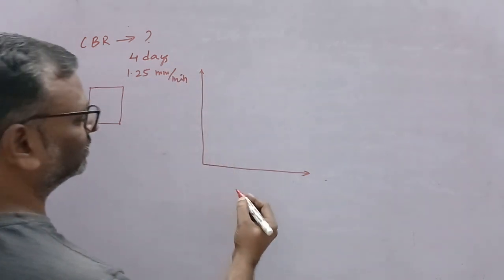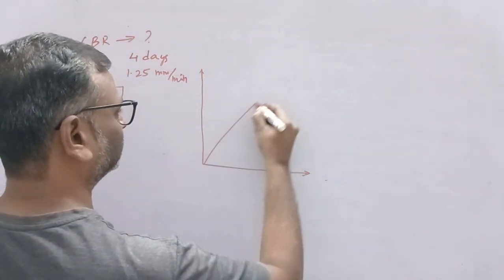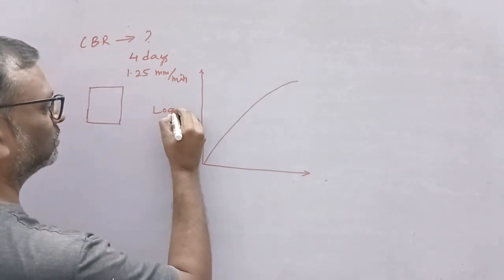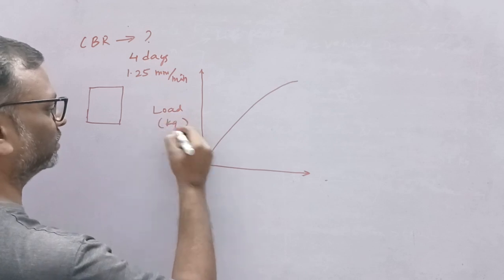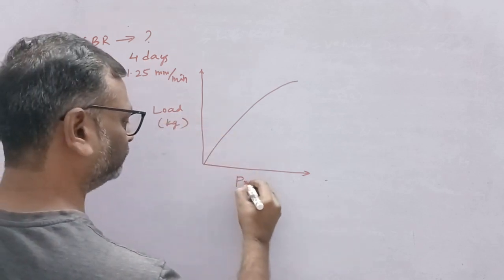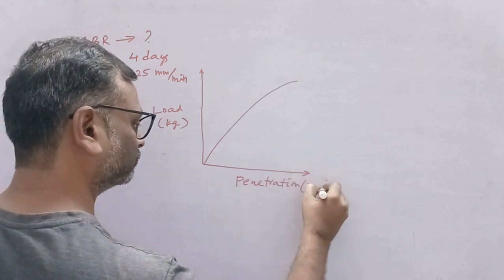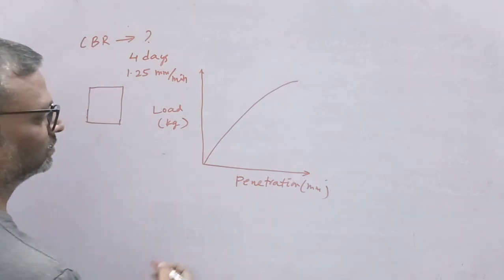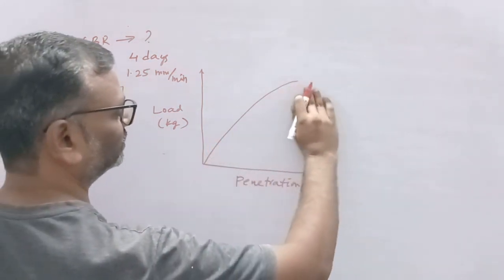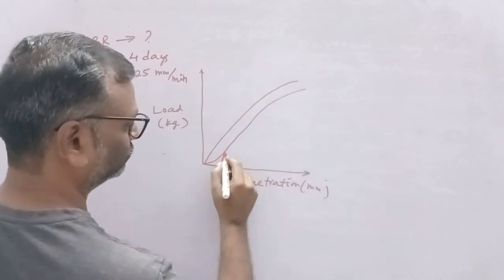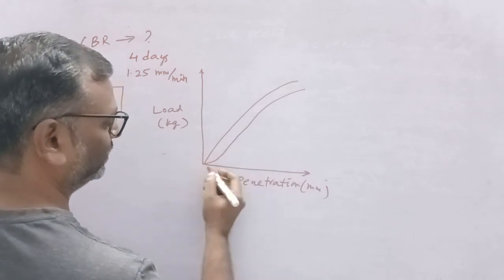When load is applied, you will get a curve of load versus penetration in mm. Sometimes the curve is not like this, it may be like this also, with some convexity.